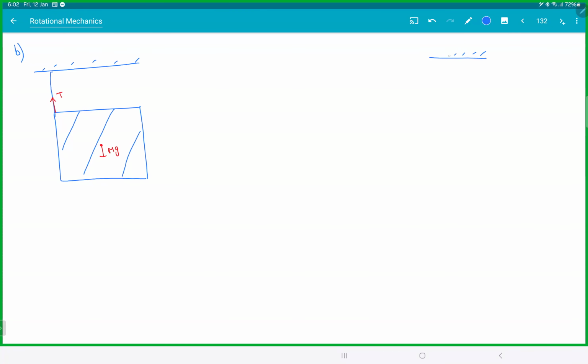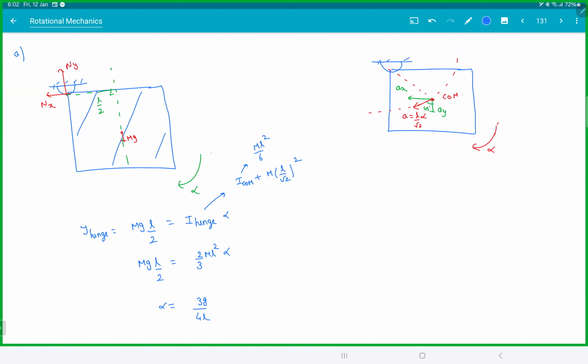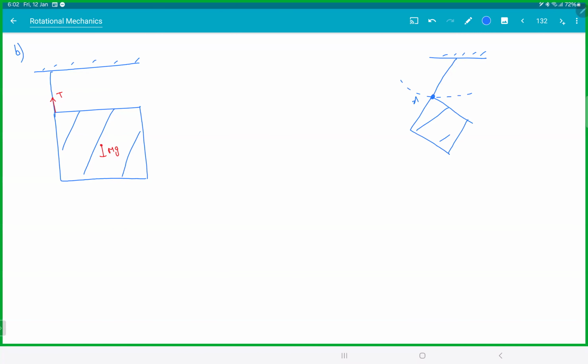If you leave this here, after some time, this is what you'll observe. This point A here can actually oscillate, isn't it? It is a non-inertial frame. You can't take torque about that point. If you can't take torque about that point, then you have to take torque about the center of mass. And if you take torque about the center of mass, I don't know the value of tension now. Isn't it? In the previous case, you took torque about the hinge and Nx and Ny both got eliminated. Here, you don't have that luxury.